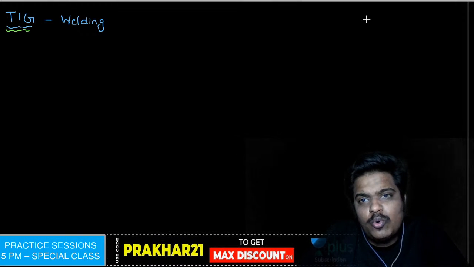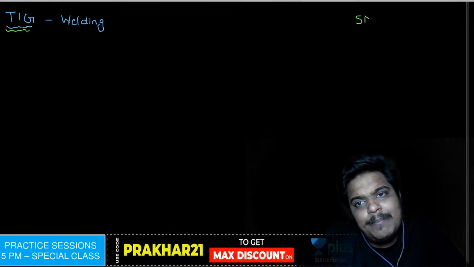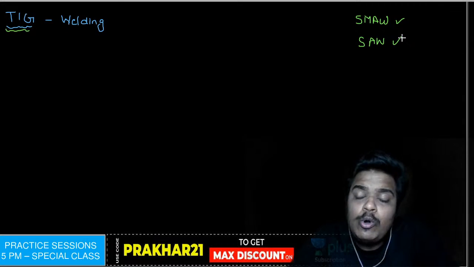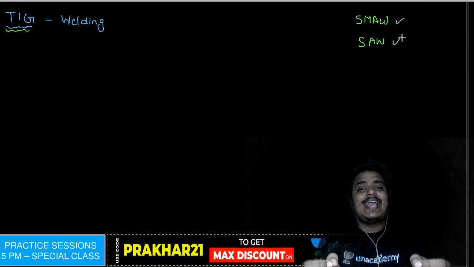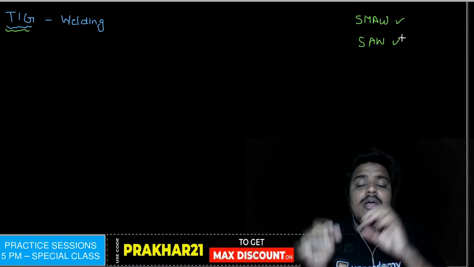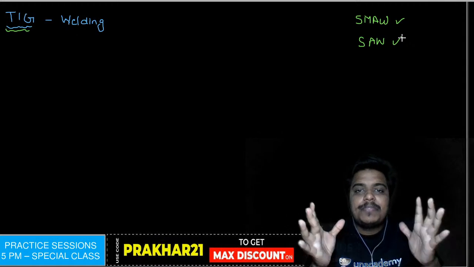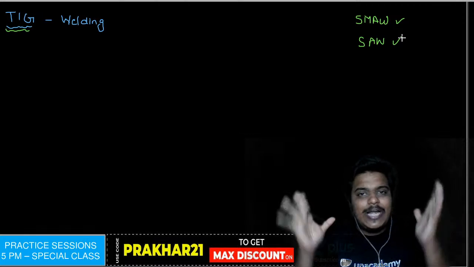We have discussed shielded metal arc welding and submerged arc welding. Now, sir, how is TIG different from these welding processes? What is there in TIG that is different from the previous welding processes?